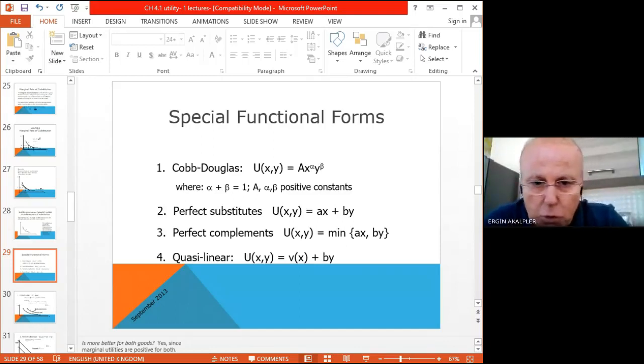Therefore, perfect substitutes imply the utility of x and y is ax plus by, and perfect complements imply the utility of x and y is the minimum of ax and by. Quasi-linear, which is non-linear but not fully non-linear, is u of x and y equal to v(x) plus by, as illustrated here.